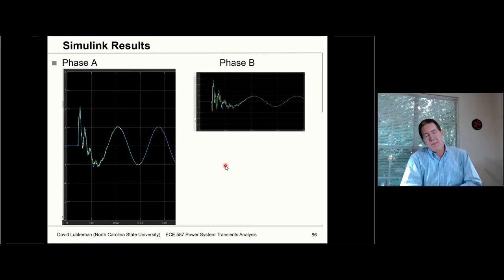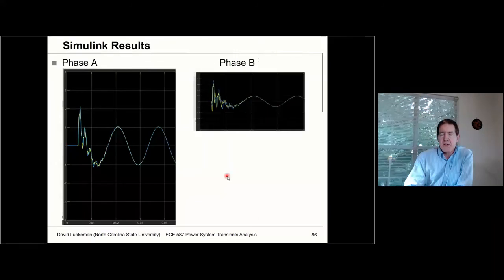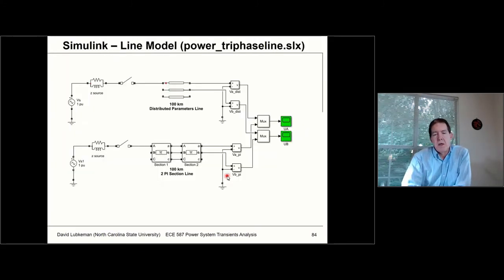And so think about what you should see. If I go back to this case, if I have a line model, and let's suppose there's not much voltage drop across here, then if I energize this with phase A, and it's a sinusoid, let's say at 60 hertz, eventually what I should see on this side in steady state is a sinusoid with roughly the same voltage magnitude on the receiving end.